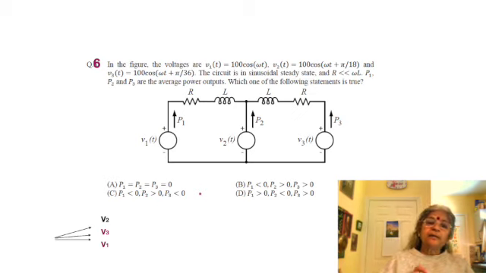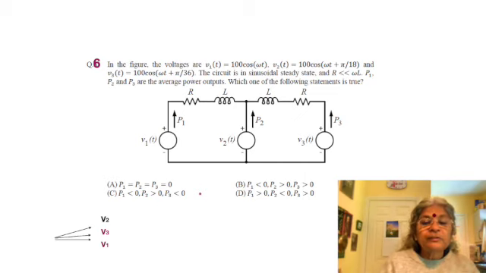The second aspect is that whichever is leading the rest in an AC circumstance, when you are having a leading voltage with the equal value, that is the source, or that is where the power flows from. So definitely V2, indicative of station 2, or P2 is positive. P2 is positive and the other two are lagging V2, so they are both consuming power. Both V3 and V1 are consuming power.